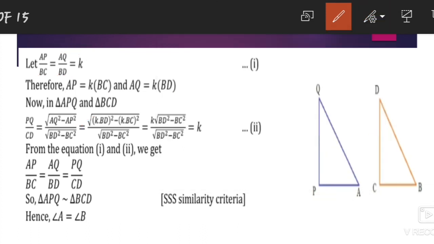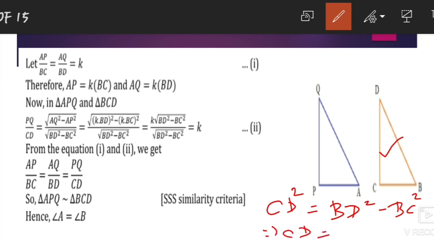Similarly, if you consider the second diagram, you have to find CD, right? So by Pythagoras theorem, you can write CD square is equal to BD square minus BC square, that is CD is equal to root under BD square minus BC square. So again in place of CD I am writing this expression.